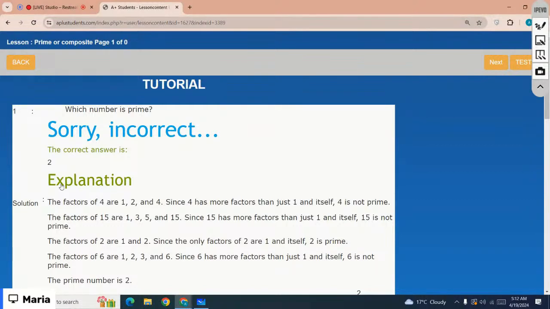So then you have 2. 2 times 1 is 2. 2 has only two factors, right? 1 and 2. So 2 is the prime number, right?